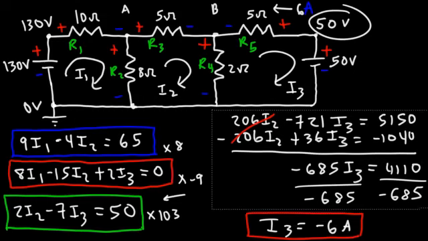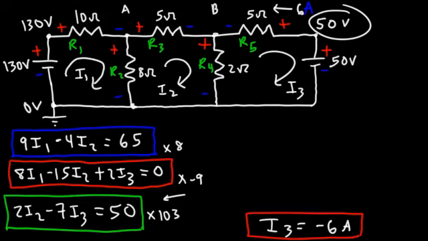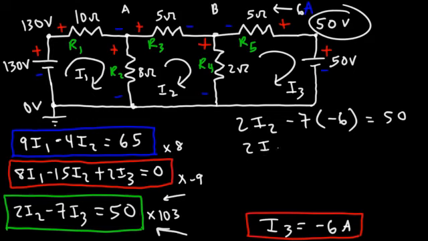Now let's go ahead and calculate the other currents. So let's use this equation before we multiply it by 10^3 to calculate I2. So it's 2 times I2 minus 7 times I3, and I3 is negative 6, and this is going to equal 50. Negative 7 times negative 6, that's positive 42.